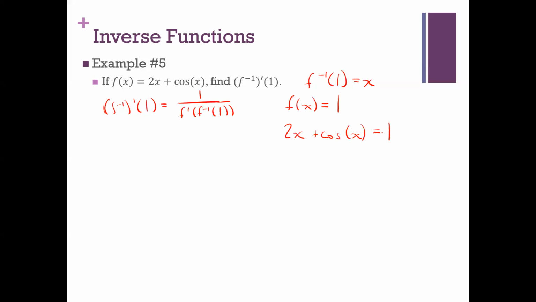So I'm trying to find something out about what happens at f inverse of 1, right? So I just gave it a name. I'm calling that unknown x. I really want to find what that x value is that makes the function equal to 1.